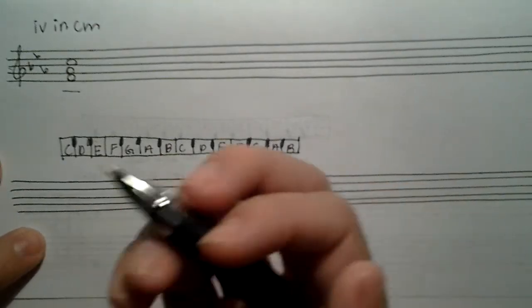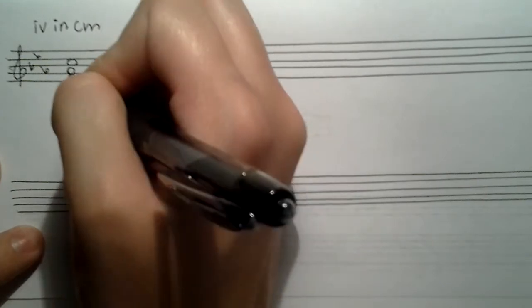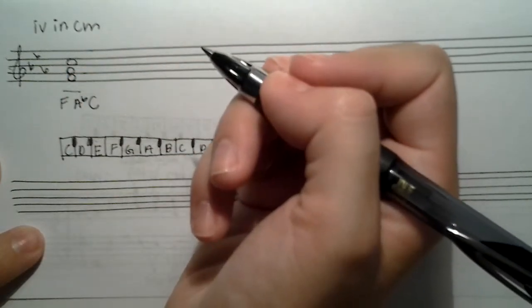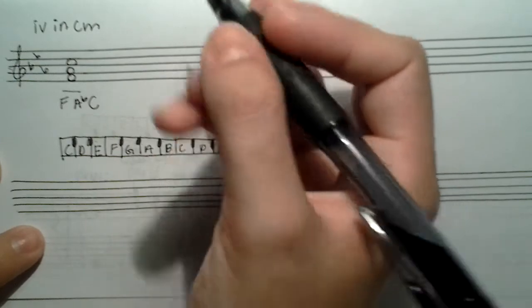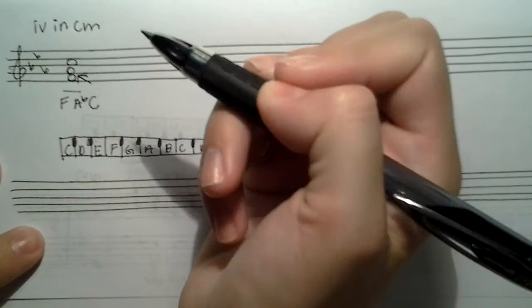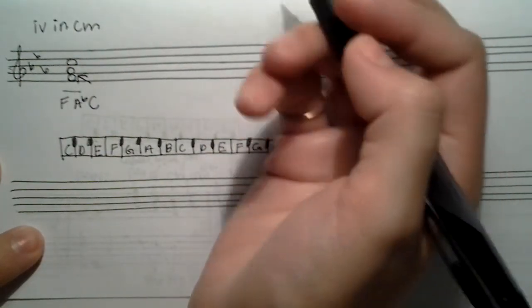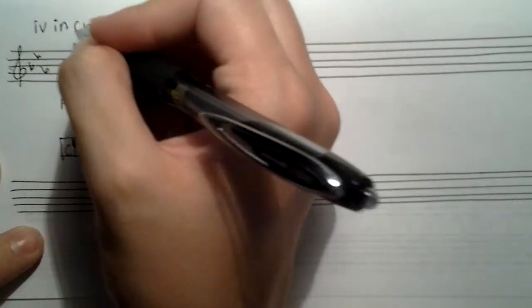So if it were to ask what the notes are, obviously you would click on F, A flat, and C. And if it asks you what the kind of chord is, you're going to say that it's an F chord because the name of the chord depends on the root. So it's going to be an F chord, and you would say that it's minor.